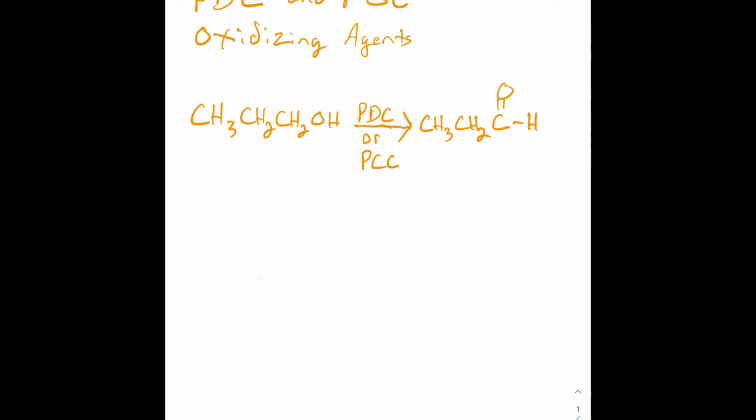An oxidizing agent is going to increase the bonds with oxygen in another atom. So as you can see here, you have two bonds between oxygen and carbon, where here you have one. And just to make it a little clearer, I can draw it like this.